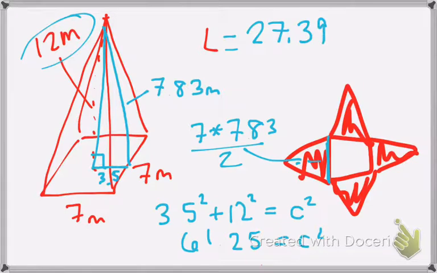How many of these triangles do I have? 4. So that gives me 109.57 meters squared.